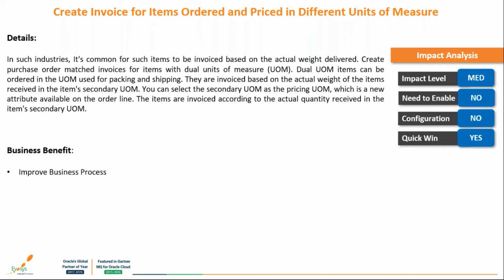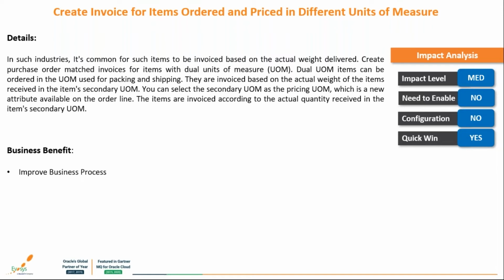Create invoices that match purchase orders for products that have two units of measurement, that is called UOM. In the UOM used for packaging and shipping, dual UOM goods can be ordered. They are billed depending on the actual weight of the items received in the secondary UOM of the items.